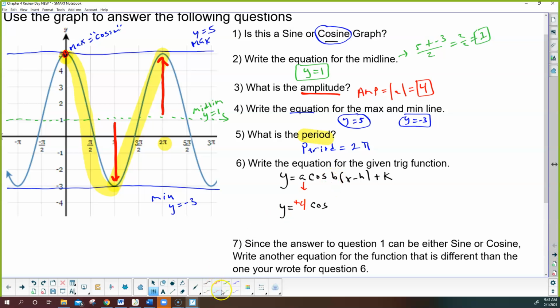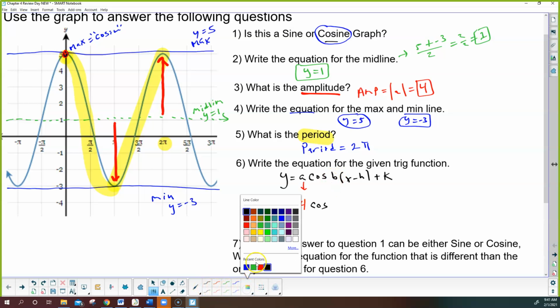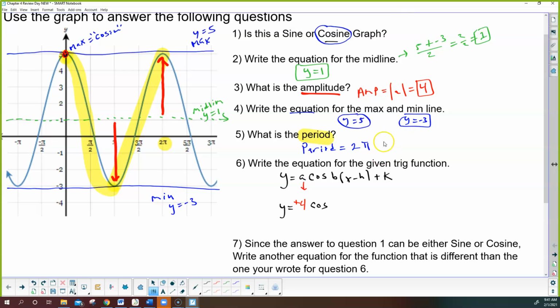And then the b value, that's usually the hardest one to find. How do I find the b value? Well, the b value is determined by knowing the period. We know that for any sine or cosine function, the period is always determined by 2 pi over b.